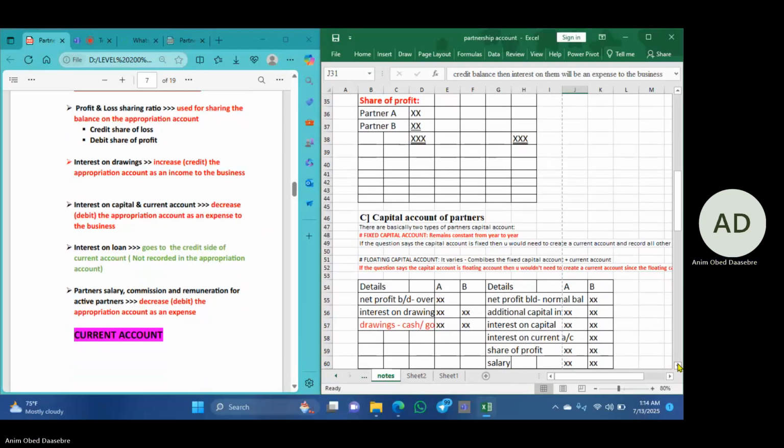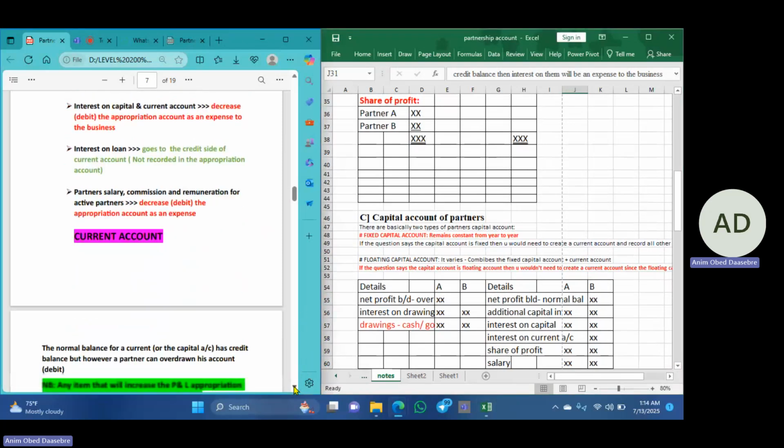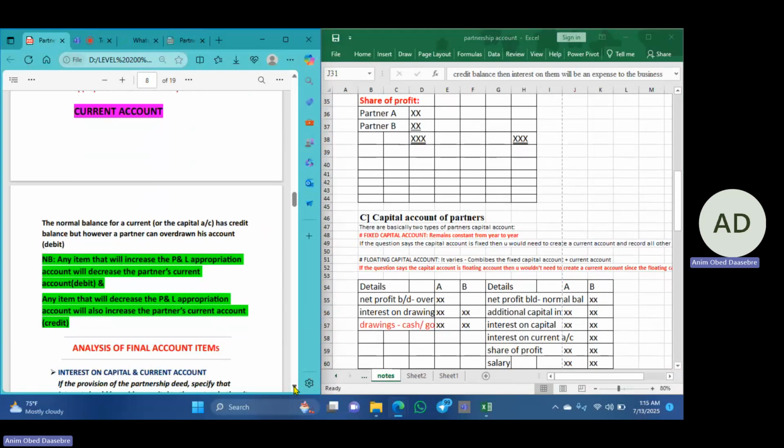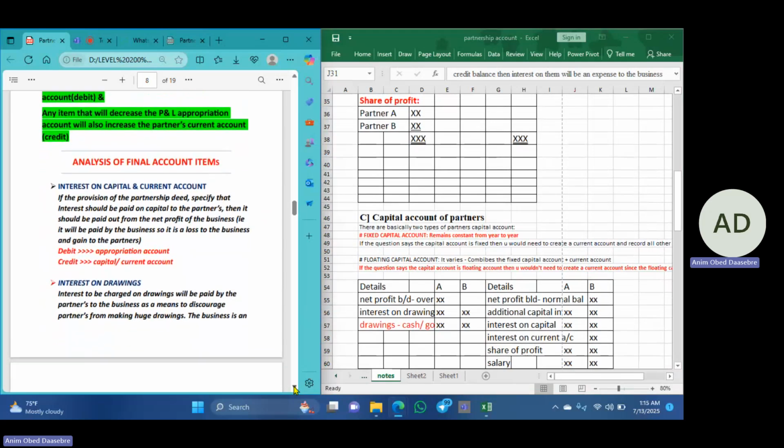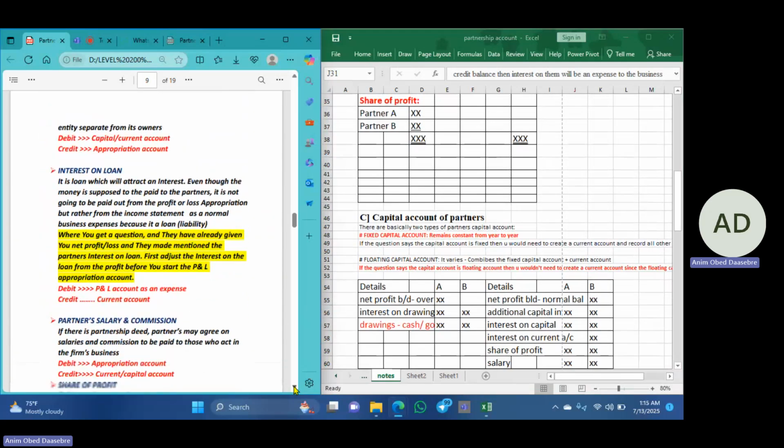In the question they will tell you whether the partners' capital account is a fixed one or a floating one. When they say the partners' capital account is a fixed capital account, that means the balance of the capital account must be the same. You should not change the balance.